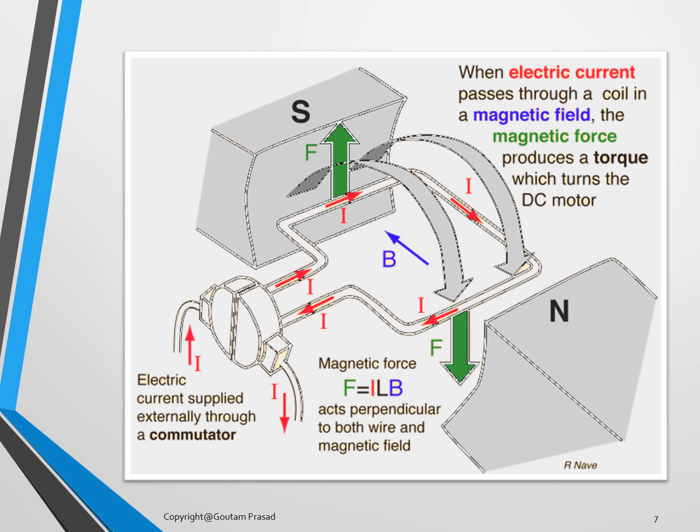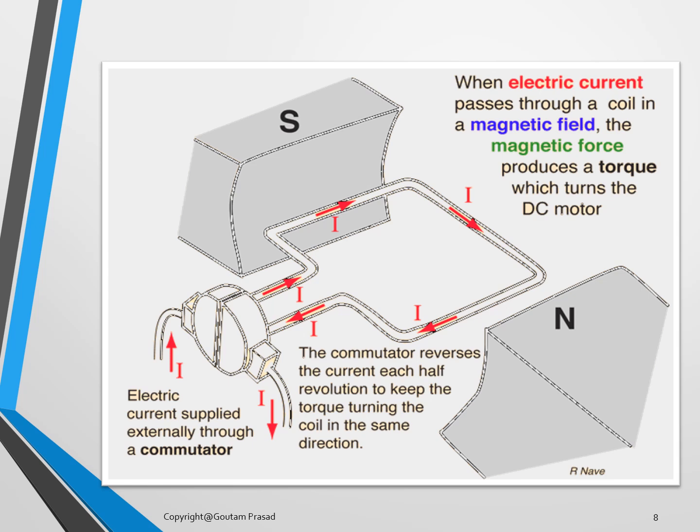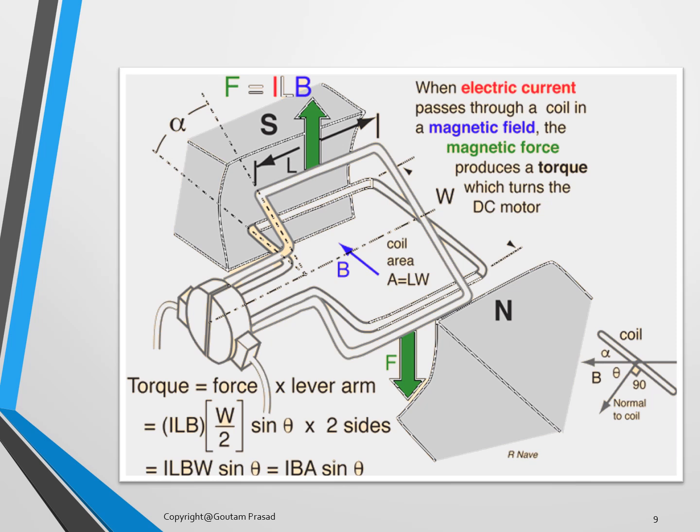B is the flux density of the field being caused due to the permanent magnets here. Here also the same thing has been repeated, and the commutator has been shown. The direction of the current has also been shown, and this is it.